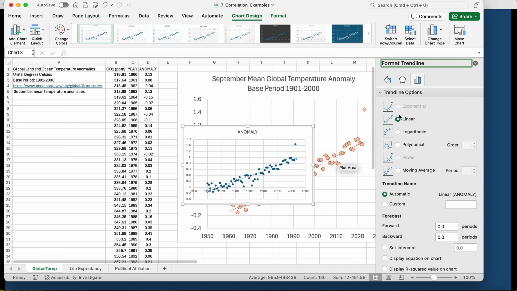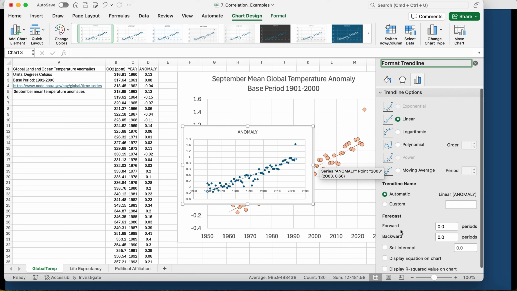So first of all, you don't have to pick a linear, although that's all that we're going to be looking at in this course. The default will be linear. But if you had other reasons to suspect that this data was taking a different shape, you can choose other of these options.